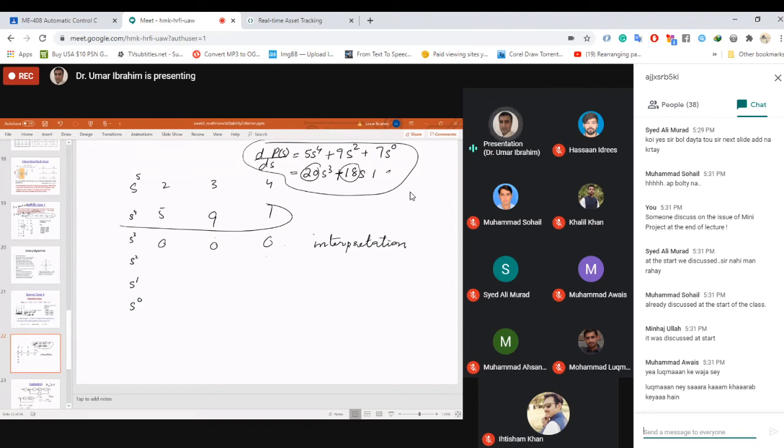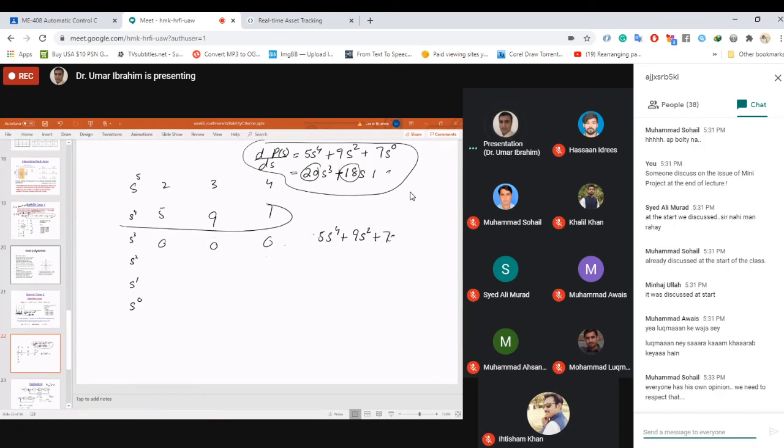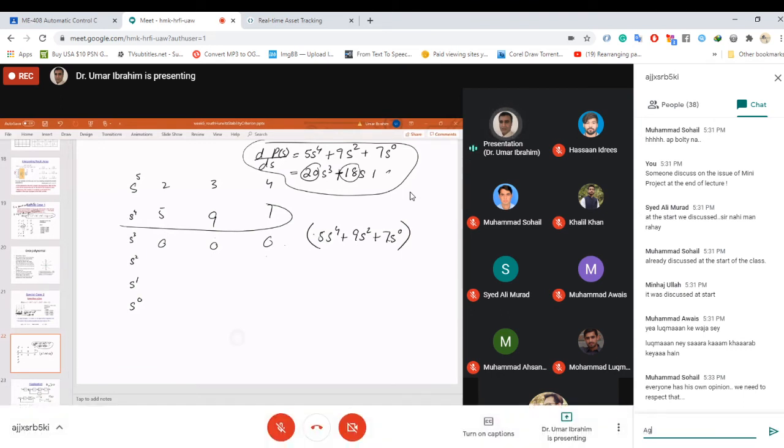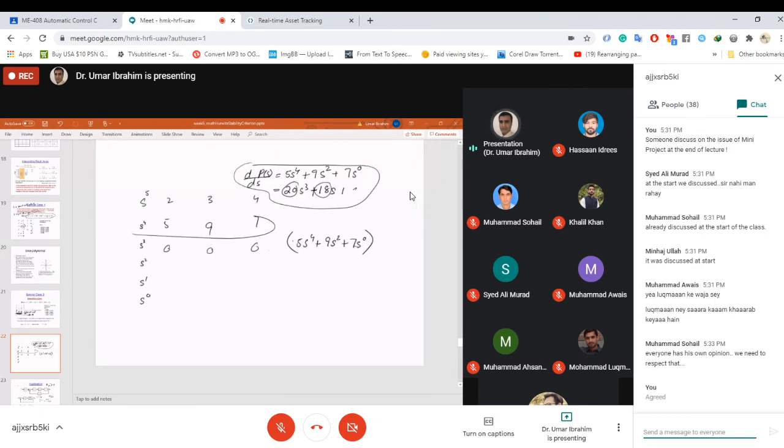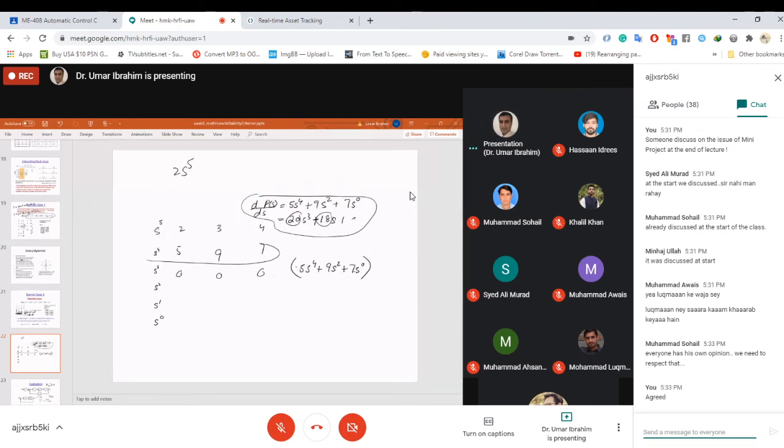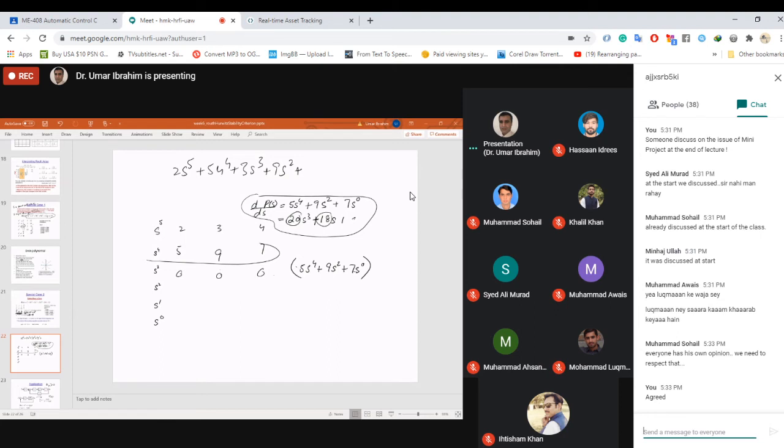polynomial, which is 5s^4 plus 9s squared plus 7s raised to the power 0, is a factor of the original polynomial, which was 2s^5 plus 5s^4 plus 3s cubed plus 9s squared plus 4s plus 7.